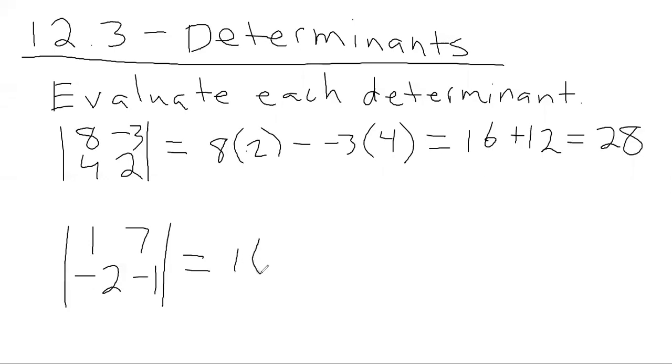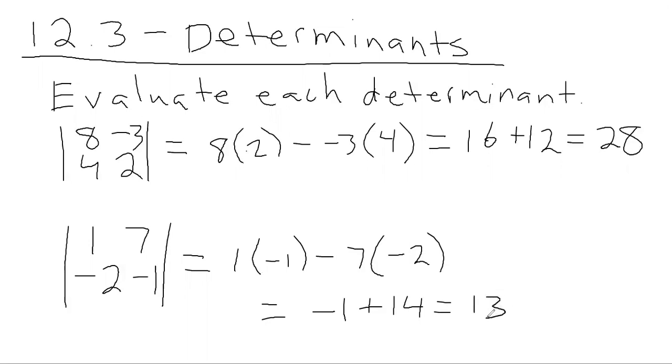So if I multiply the 1 and -1 and subtract 7 times -2, the value is going to equal -1 plus 14. So the value of this determinant would end up being 13.